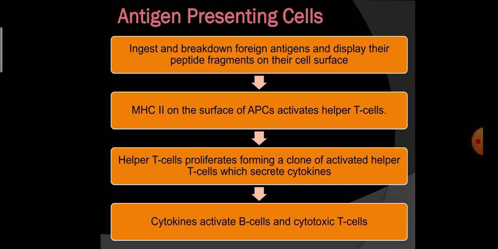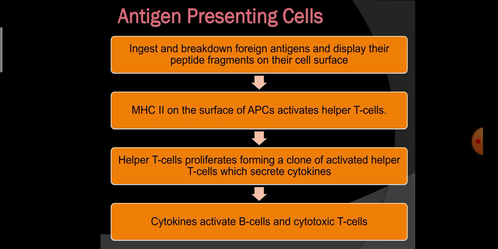They ingest and break down the foreign antigens and display their internal peptide fragments on the cell surface. So this helps in the recognition of these antigens by the other lymphocytes.